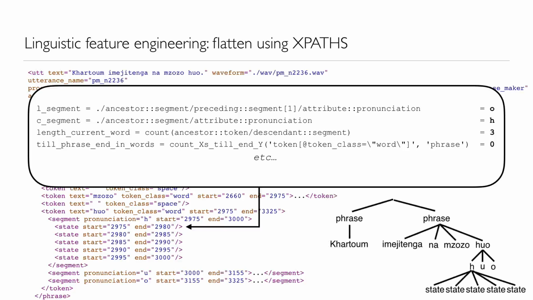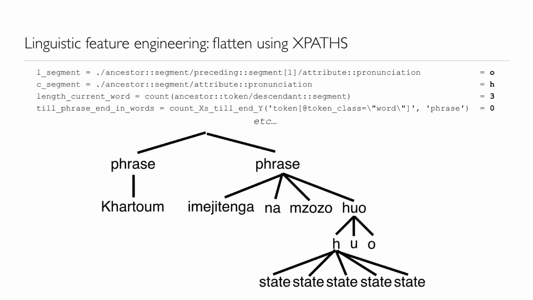This is just a graphical representation of a simplified version of this utterance structure. Let's just take the third XPath there, which for any given state or phone tells us the length of the current word, so the word within which that phone or state occurs, in segments.